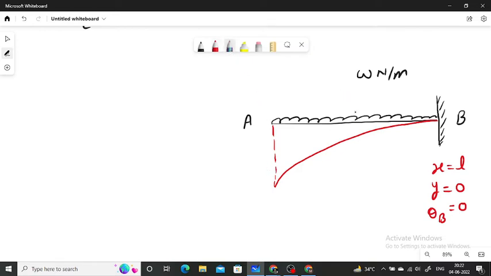Let a section XX be at a distance x from the point A, and the deflection of the beam about the section XX is y.